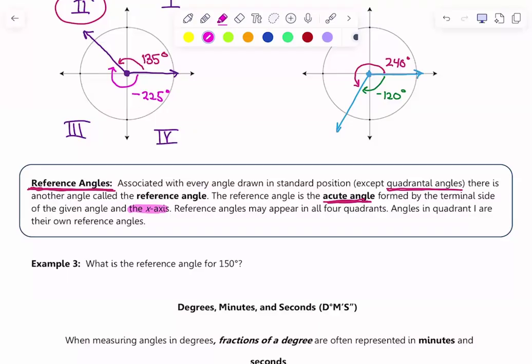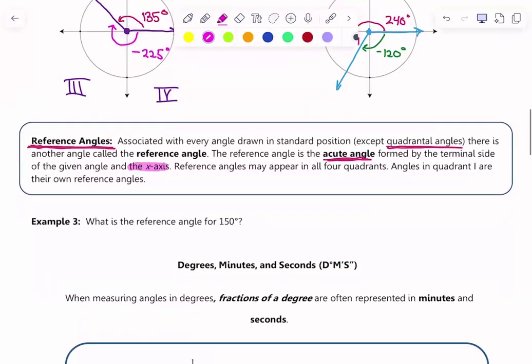So let's make sense of this for a second. I'm asking here, what is the reference angle for 150 degrees? So what I'm going to do is give myself an XY plane. I'm going to draw my angle in standard position. So 150 degrees, that means I'm going to be in quadrant 2.